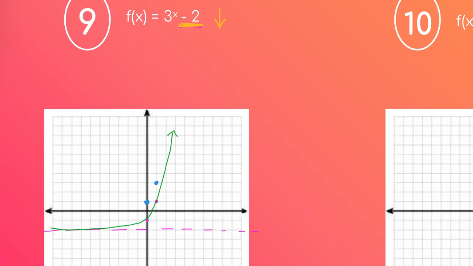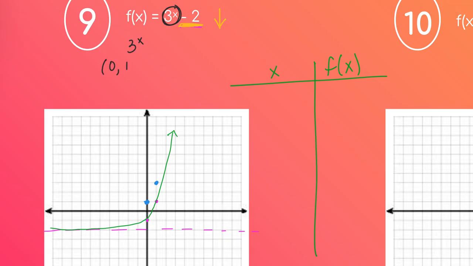So looking at it, here's my t-chart. I have x and I have my function. Keep in mind, this is considered my parent function, 3 to the power of x. And all I did was shift it down 2 units.